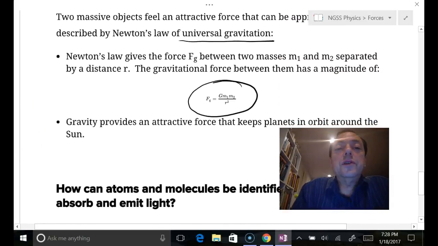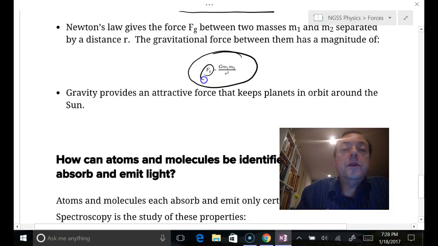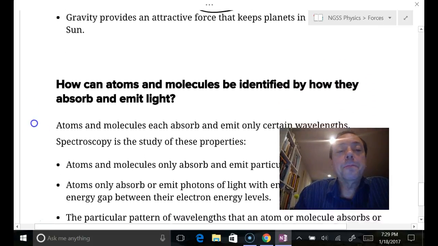Newton's law gives the force F sub g between two masses m1 and m2 separated by a distance r. And gravity provides an attractive force. It's only attractive, right? There is no repulsive gravity as far as we know. Gravity provides an attractive force that keeps planets in orbit around the sun.